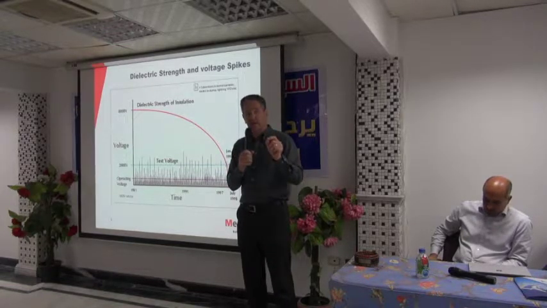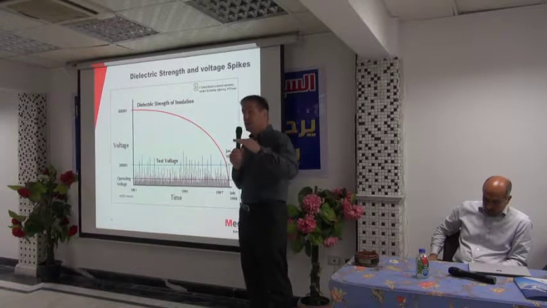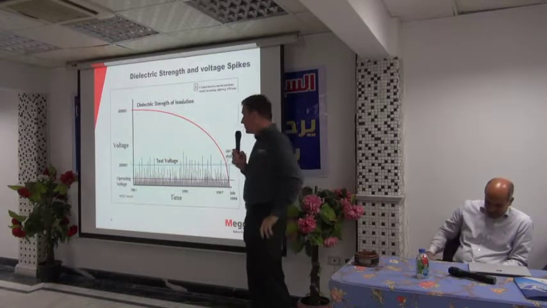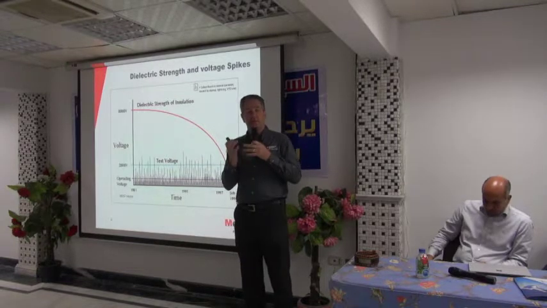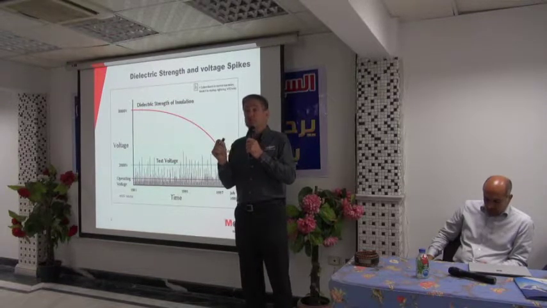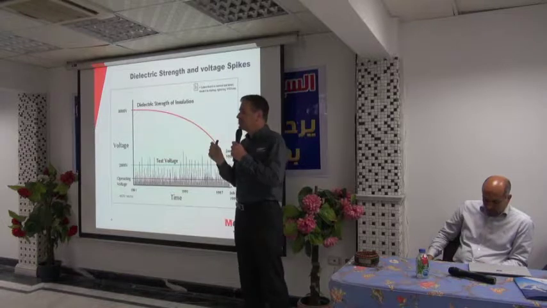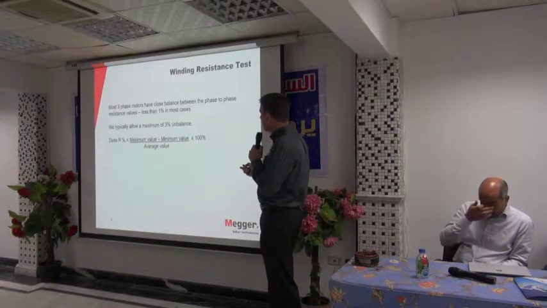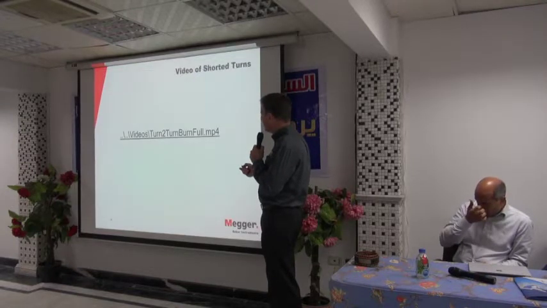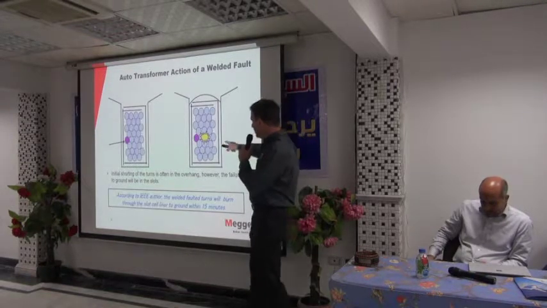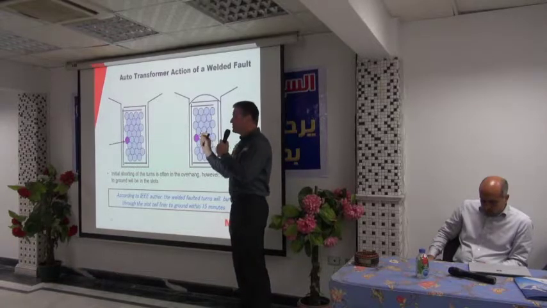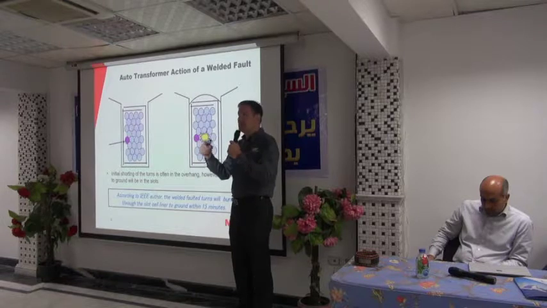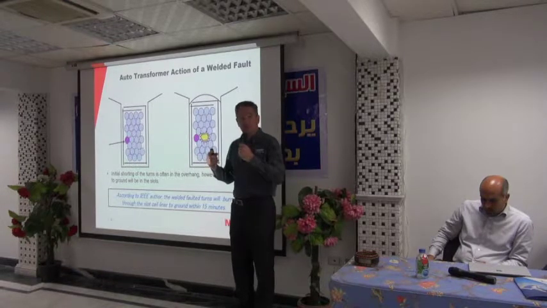And the arcing leads to the insulation becoming lower and lower and lower. Okay? Eventually, instead of arcing, the turns will weld together and you have a short circuit. In the UK we say dead short. So we have two wires which are welded together, and that welded connection makes a transformer, an auto transformer.